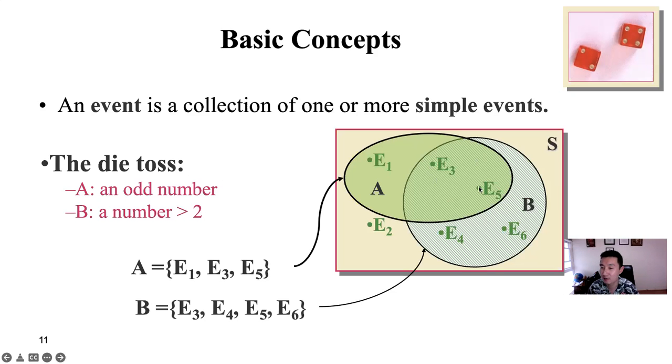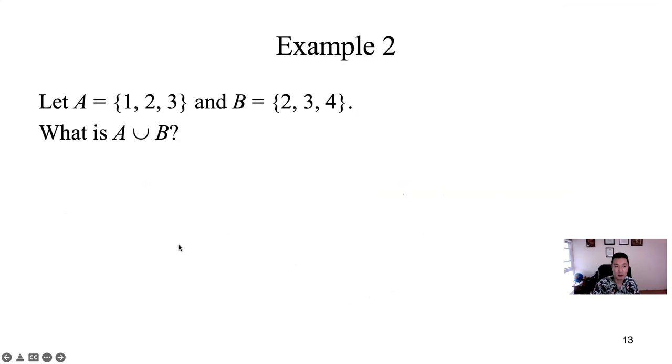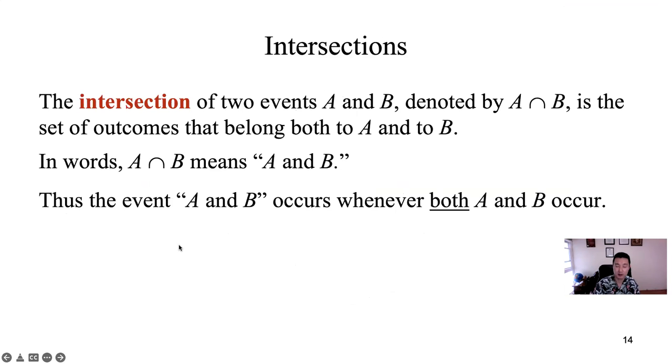Both A and B occur: E3 and E5, right? So that is intersection, or A and B. A or B, the union, is all these areas covered by these two circles. This is a very, very important concept, union and intersection.